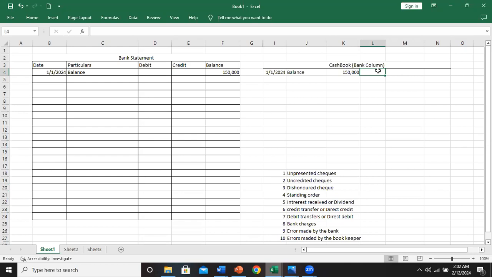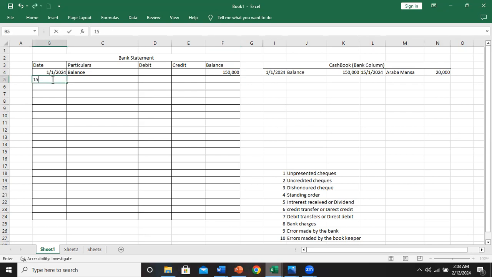Let's assume, for instance, on the 15th of January 2024, we issue a check to Araba Mansa, let's say 20,000. Initially, the balance in the cash book was equal to the balance in the bank statement. So when we issue the check to Araba Mansa, she is supposed to bring it to the bank, and the bank will acknowledge and pay.